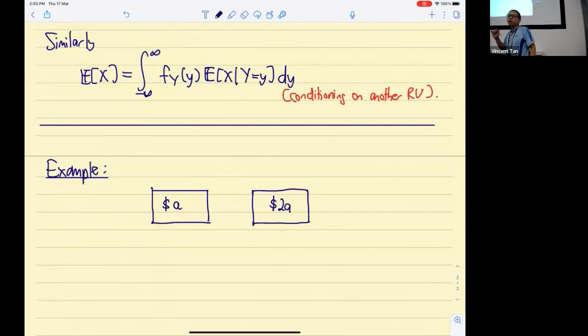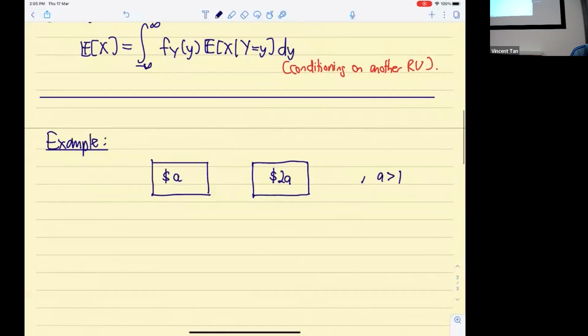So of course you want the box with more, but you do not know which box has 2A dollars and which box has A dollars. Here A is some number bigger than 1. You do not know which box has A dollars, and you do not know which box has 2A dollars because the boxes are closed.